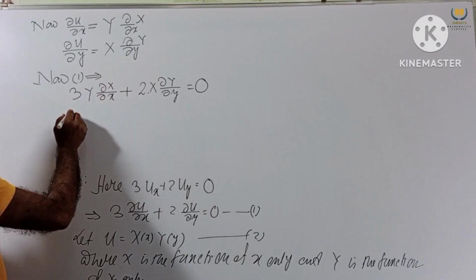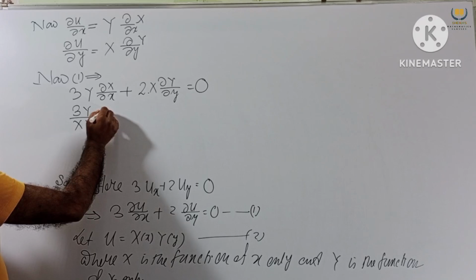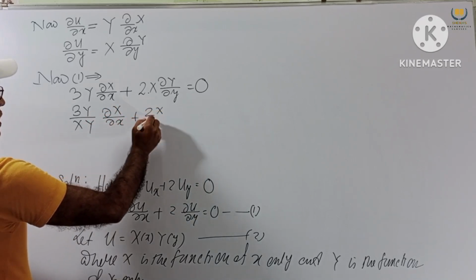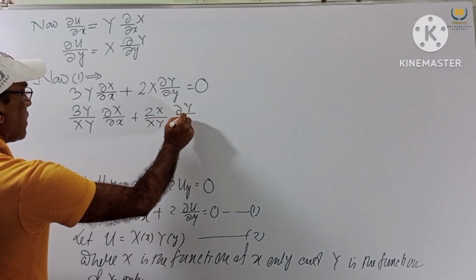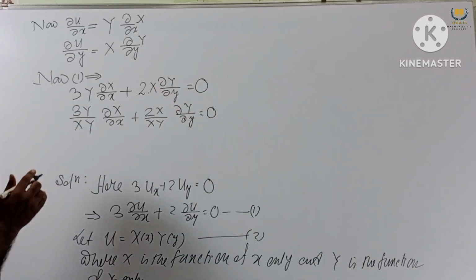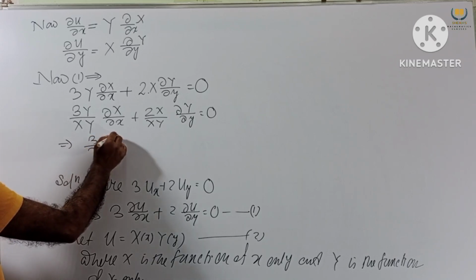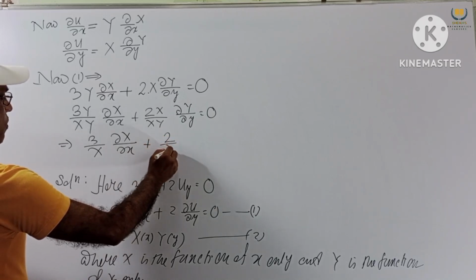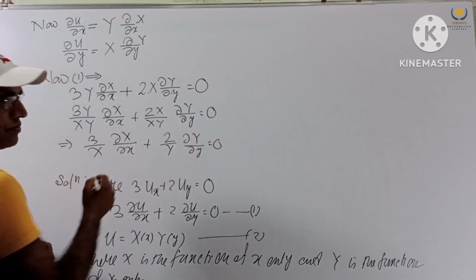If we divide by XY, then we get 3Y by XY del X, plus 2X by XY del Y, equal to 0. We divide both sides by XY. So this implies Y cancels, 3 by X del X plus 2 by Y del Y equal to 0.